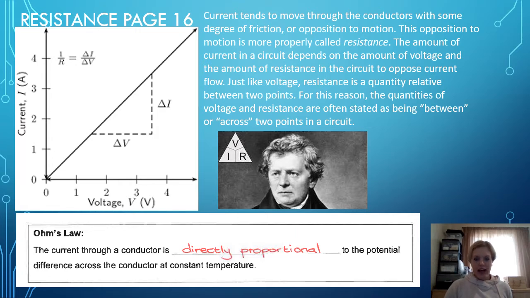Okay, so the slide is a bit scary, but I need you to just chill. What did we do in the last lesson? The last lesson we covered the gradient or the slope of a directly proportional graph. In that graph, we looked at your current over your voltage.